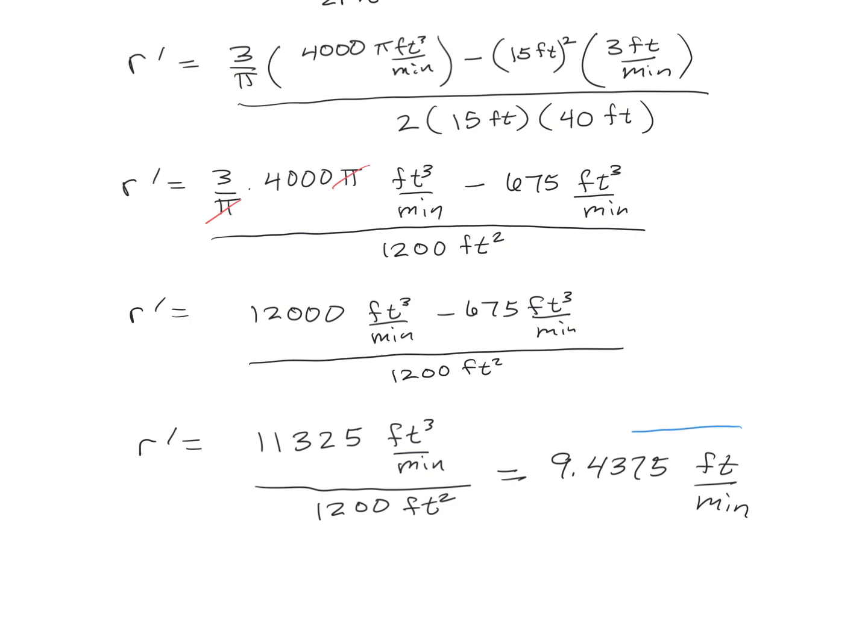So our radius is growing at roughly 9.4 feet per minute, as our height is increasing at 3 feet per minute, and we have our volume changing at 4,000 pi cubic feet per minute. So it's pretty obvious that the radius of our pile is getting bigger faster, so this is probably some sand that disperses pretty widely as you pour it.